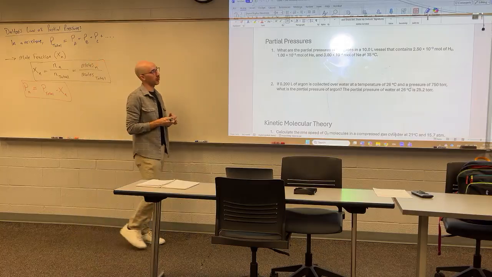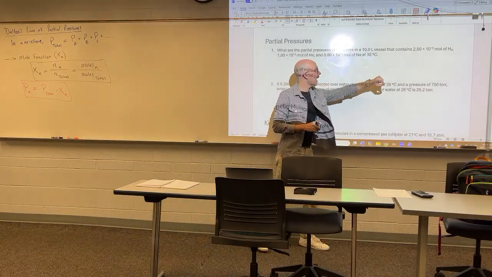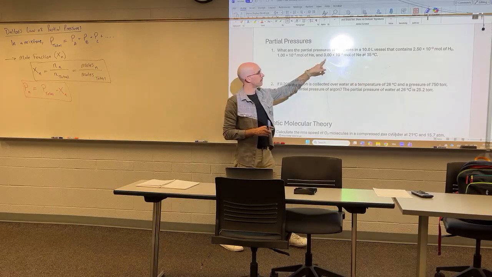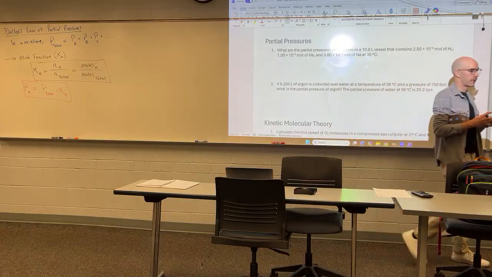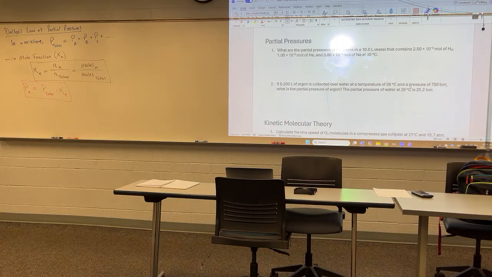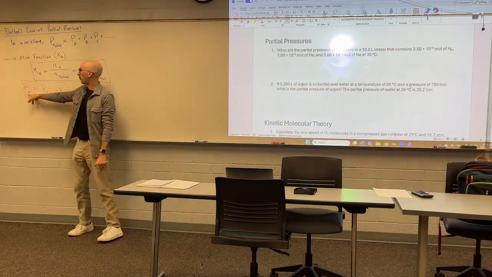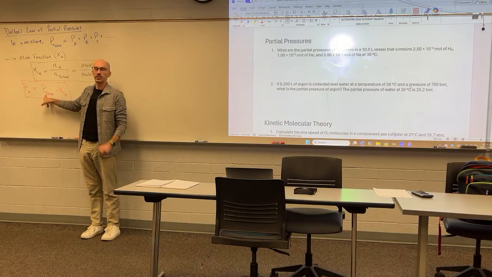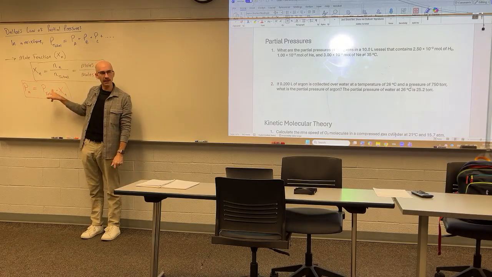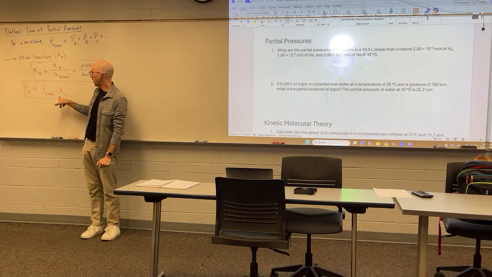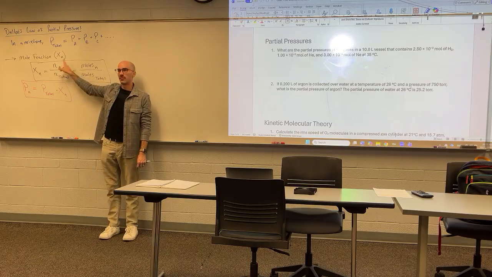What is the partial pressure of hydrogen gas, helium, and neon at 35 degrees C? According to our equation, the pressure of any of the components is equal to the total pressure times the mole fraction. And the mole fraction is the moles of that component divided by the total number of moles.